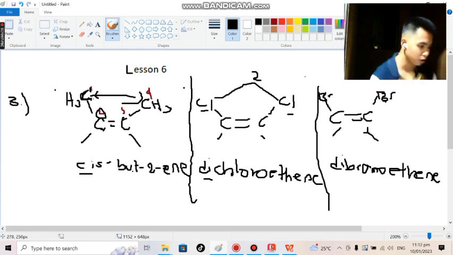So this is going to be a cis-butene, because the double bond is placed on the second carbon.